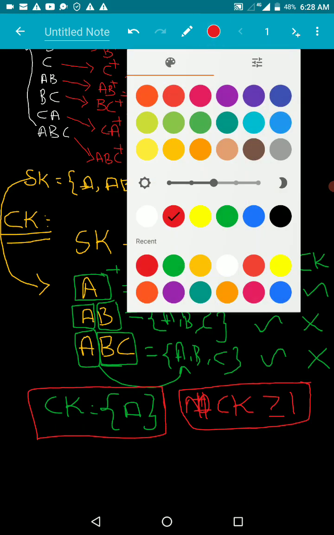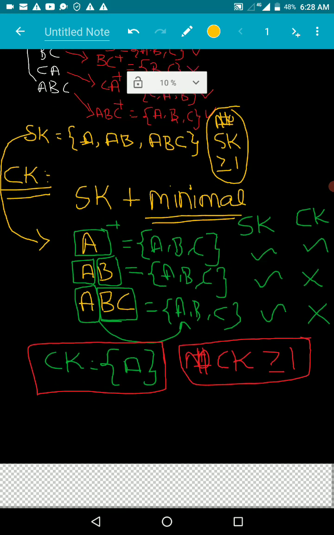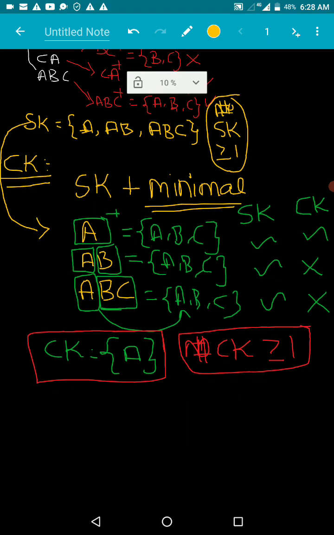And now we are moving to the primary key. What is meant by the primary key? Generally, the number of candidate keys is always greater than or equal to 1 for a given relation.